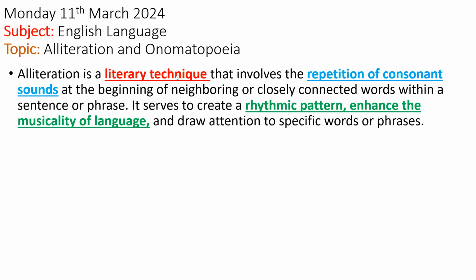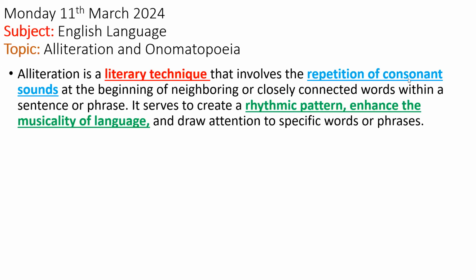Alliteration is a literary technique that involves the repetition of consonant sounds at the beginning of neighboring or closely connected words within a sentence or phrase. It serves to create a rhythmic pattern, enhance the musicality of language, and draws attention to specific words or phrases.